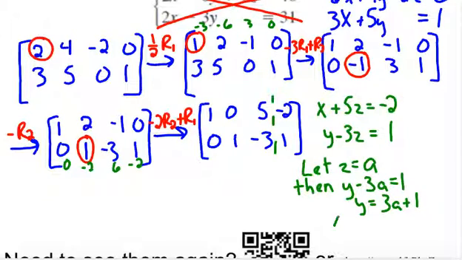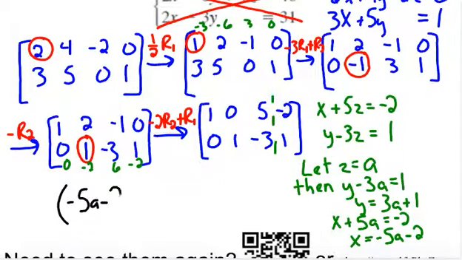Furthermore, x plus 5z, but remember z is just a, equals -2, and when I solve that for x, I get x equals -5a minus 2. So my solution to this system: x is -5a minus 2, y is 3a plus 1.